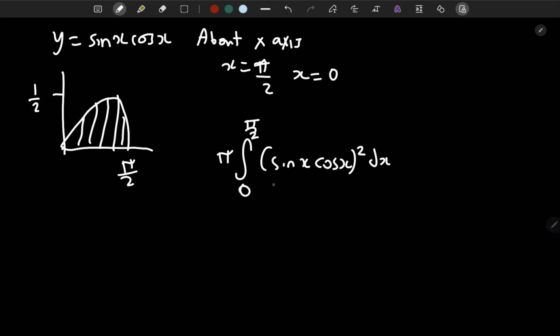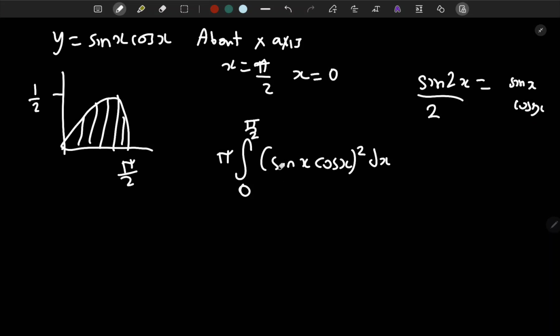And here we do need to use the double angle identity, which is sine 2x equals 2 sine x cosine x. Here we have sine x and cosine x, so I'm going to bring the 2 over there: sine 2x divided by 2 equals sine x cosine x.